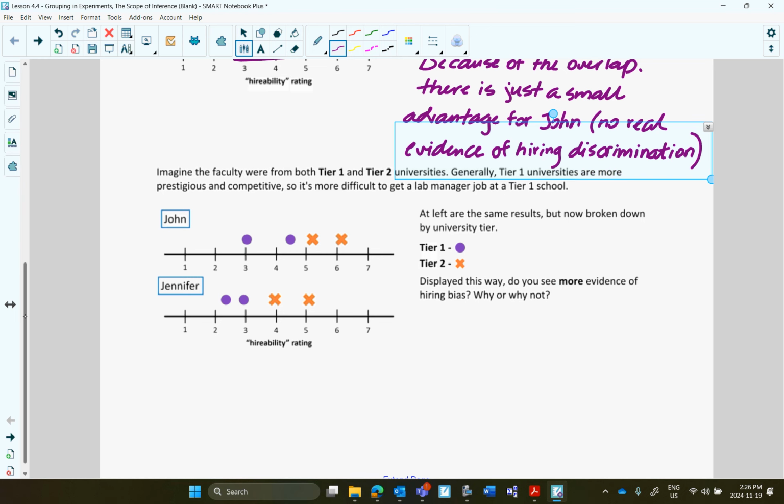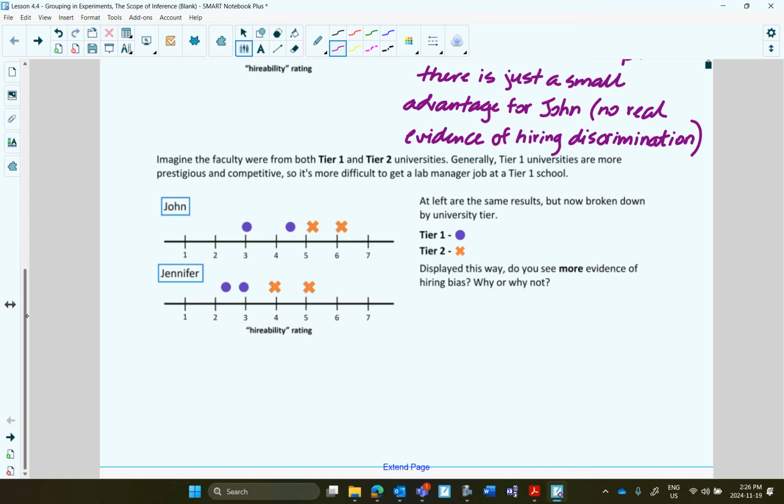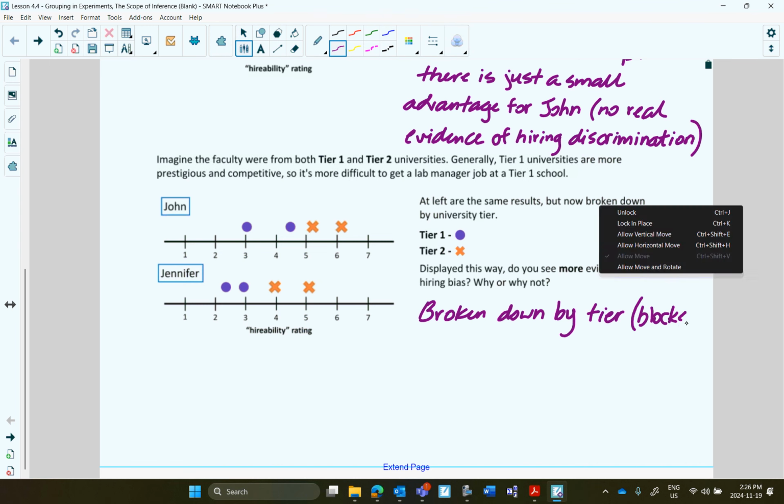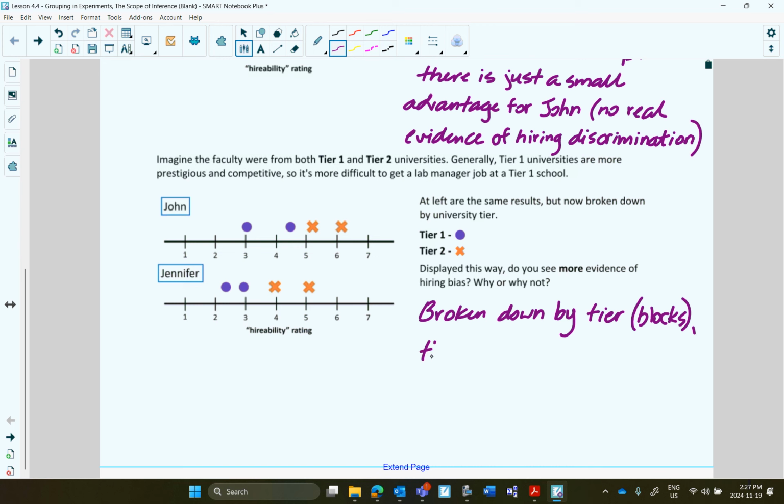So broken down by tier, which we would call the blocks, there seems to be much more evidence of hiring discrimination.